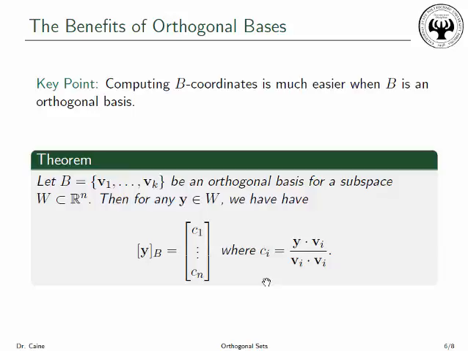But in fact, you can compute those coordinates using simple formulas involving just the dot product, where the ith coordinate of y is simply the dot product of y with the ith basis vector vi divided by the ith basis vector vi dotted with itself. And you can do this for i equals 1 to k.